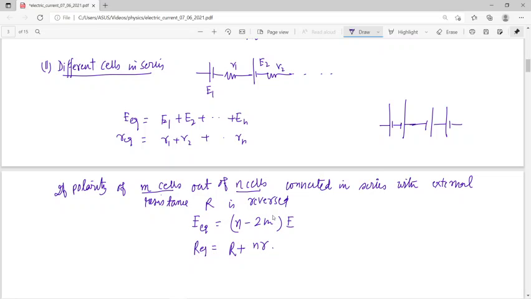So you have to remember that if the polarity of m cells out of n cells connected in series with external resistance R is reversed, then the total equivalent EMF of the circuit is n minus 2m into E.